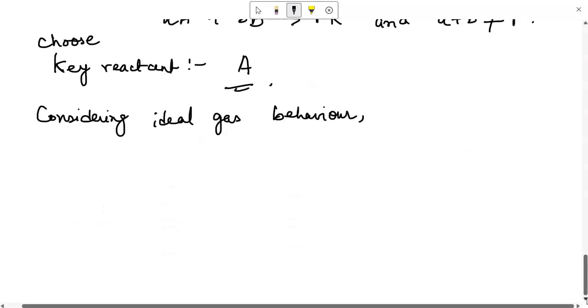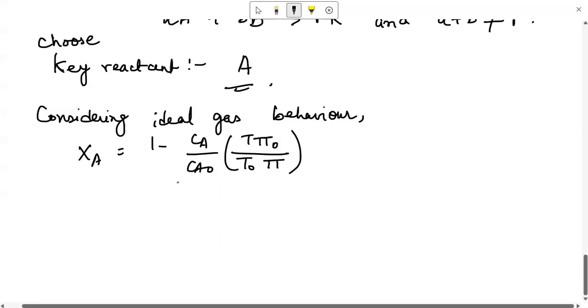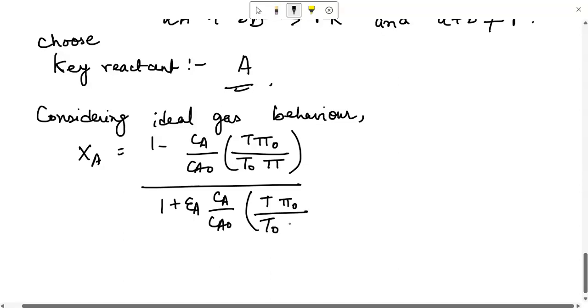Considering ideal gas behavior, we can write Xa equals 1 minus Ca by Ca naught multiplied by T pi naught, that is the initial total pressure, by T naught pi, divided by 1 plus epsilon A Ca by Ca naught multiplied by T pi naught by T naught pi.